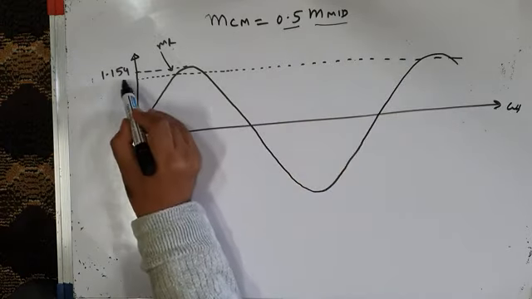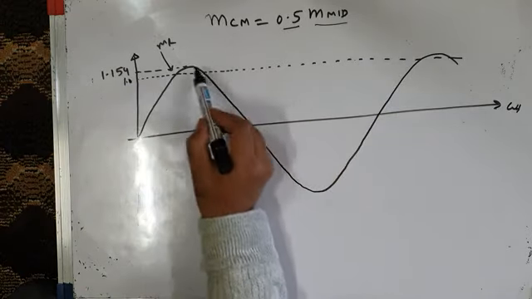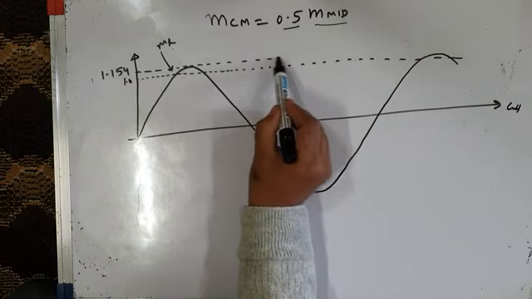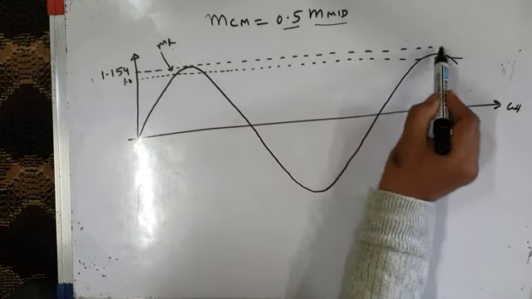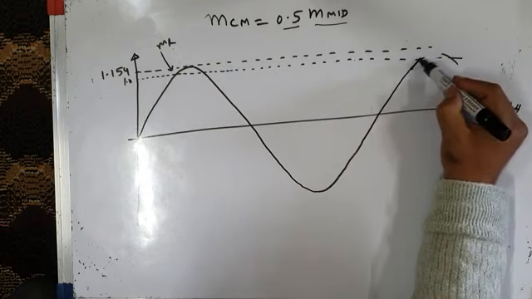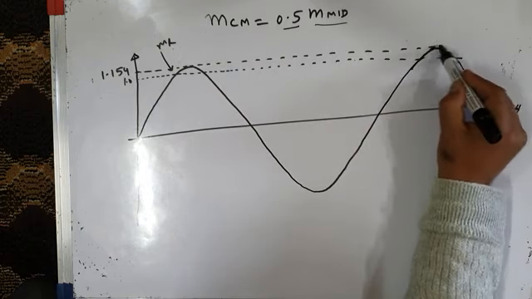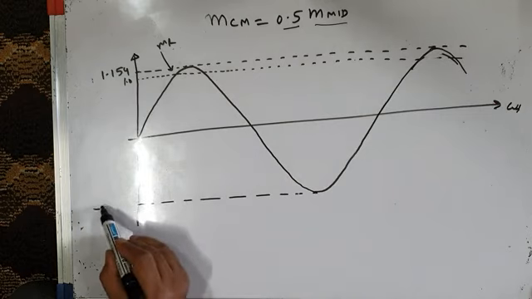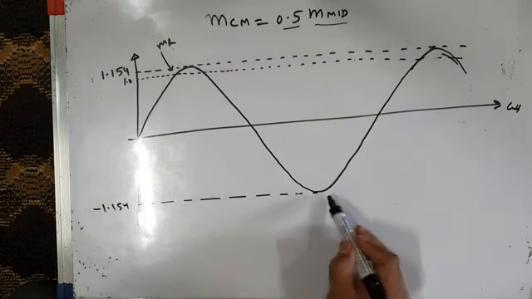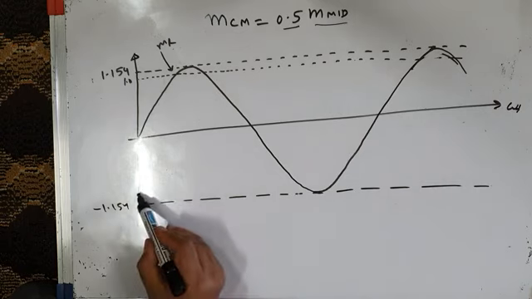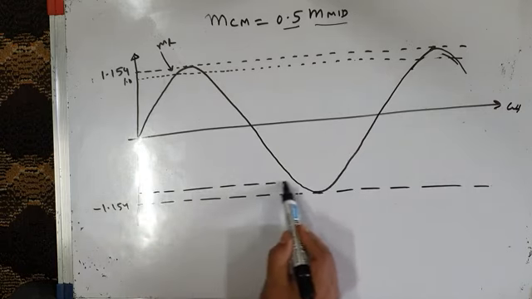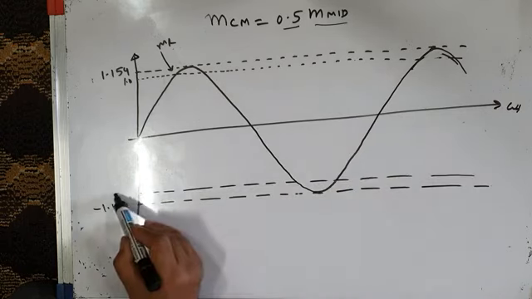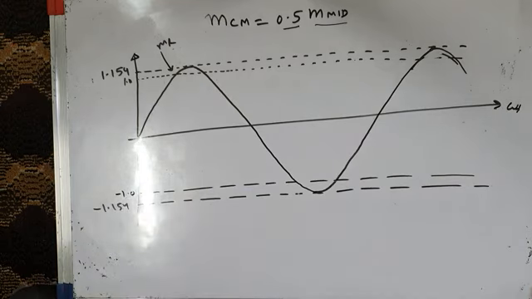This is modulation index 1, this is 1.154. Similarly, in the negative half cycle, this is minus 1.154 and this is minus 1.0. This is MR.